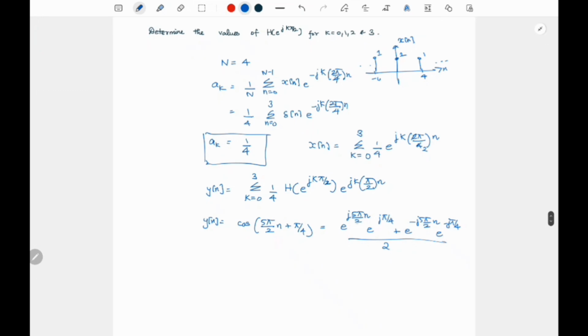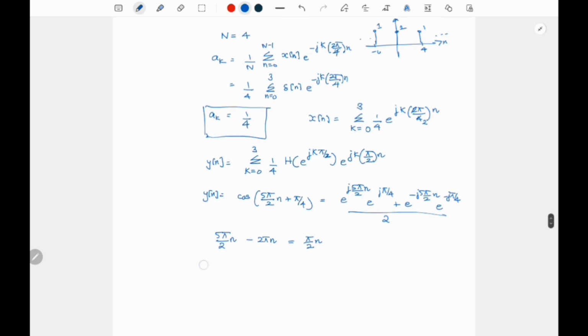So 5 pi by 2 I can write as pi by 2 plus 2 pi, because if I add or subtract 2 pi n, it is not going to change the value, correct? Because it is periodic. So I'll get pi by 2 n, correct? Similarly, for minus 5 pi by 2n, I'll add 2 pi n. So I'll get minus pi by 2n.